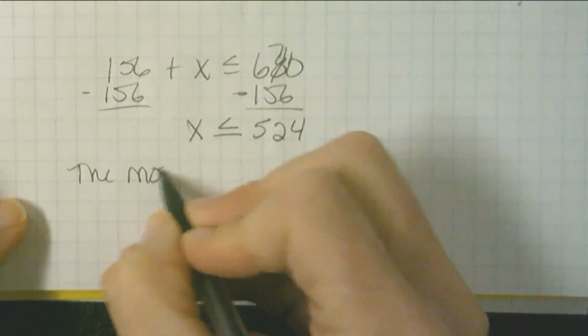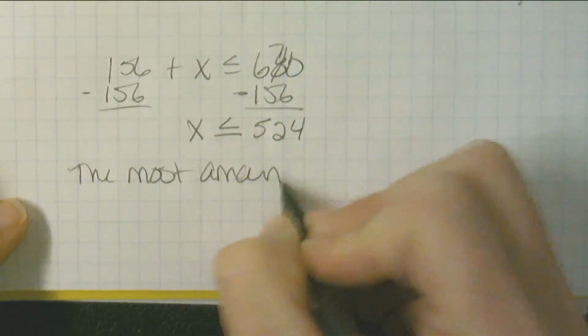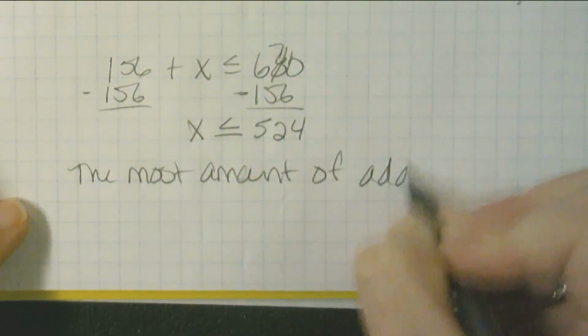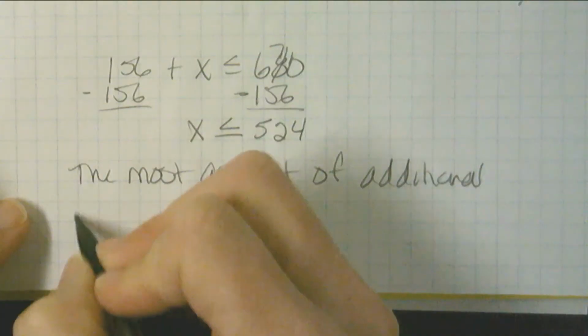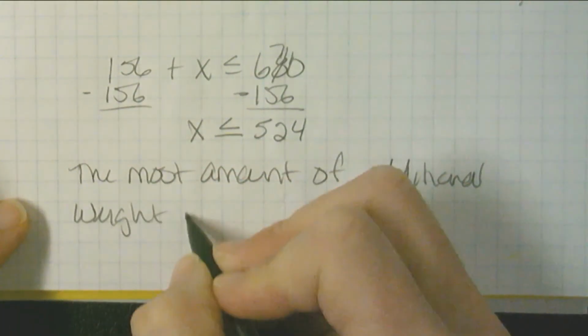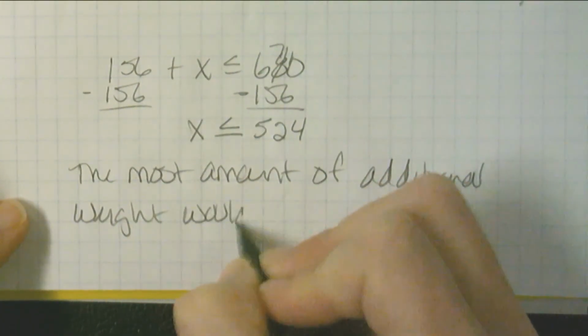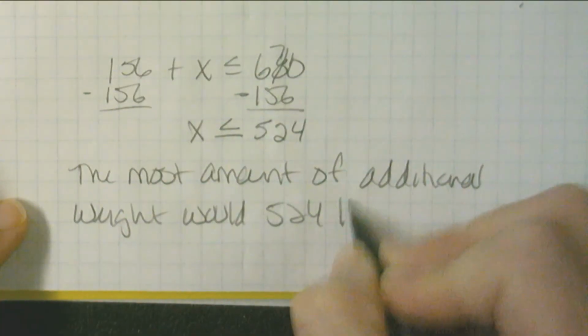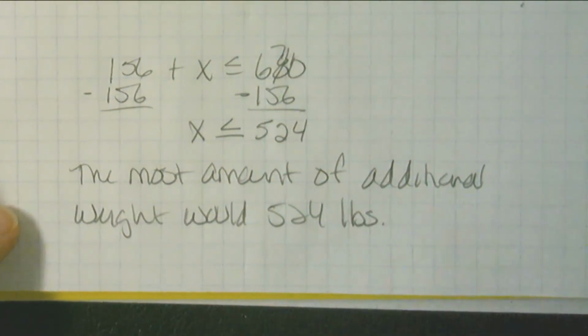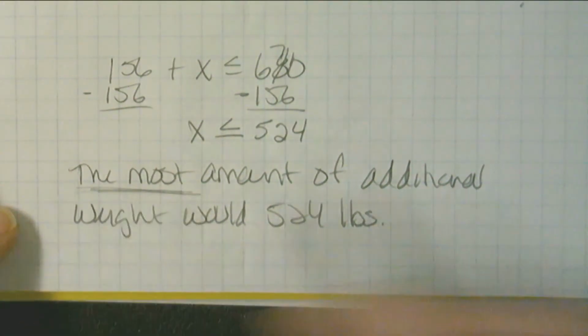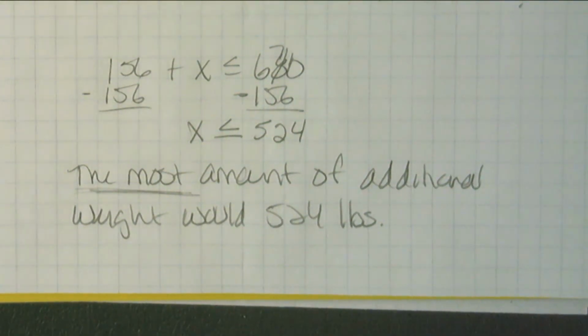The most amount of additional weight would be 524 pounds. But you have to say the most. You have to indicate that it's an inequality. You can't say you can put 524, because that would be an equation. So you need to indicate in some way that that's the maximum.